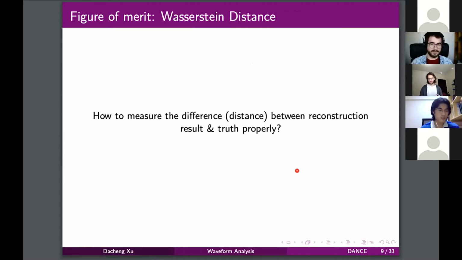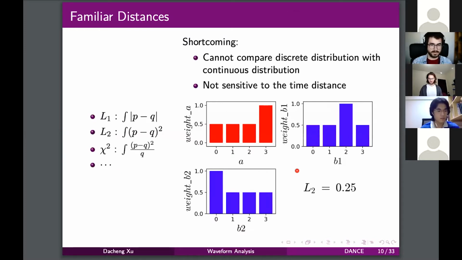So first of all, how do we properly define the difference, or the distance, between the reconstruction result and the truth? We import the Wasserstein distance. The most familiar distances are listed here, but their shortcomings are obvious.